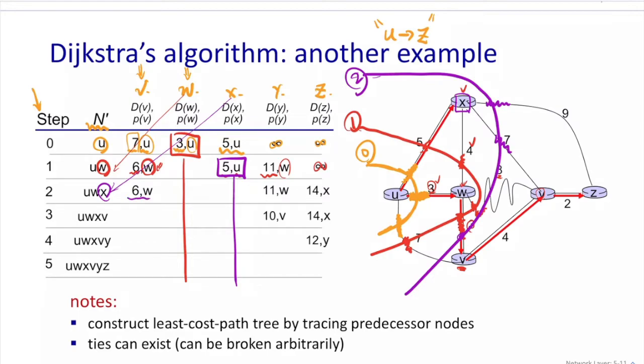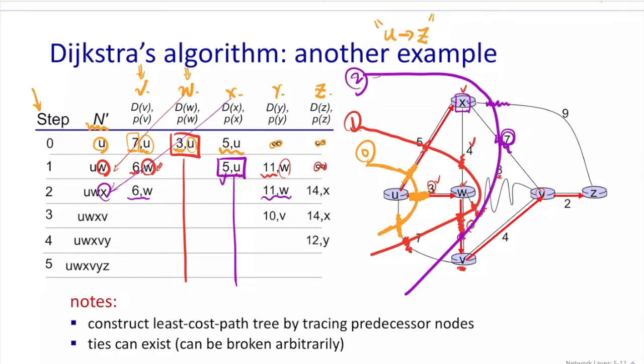Okay, and how about Y? Right here, we can reach Y through X. But currently the cost of X, from U to X, is 5, right? So 5 plus 7, that is 12. So to Y, if we pass through X, the total cost is 12.